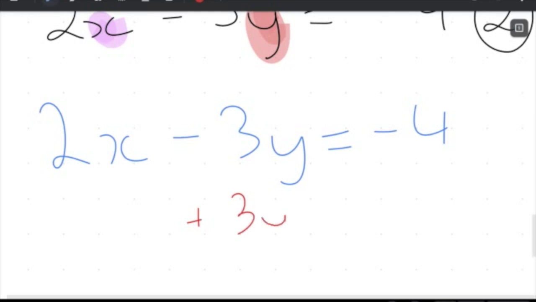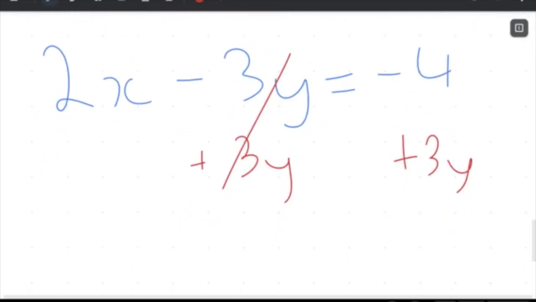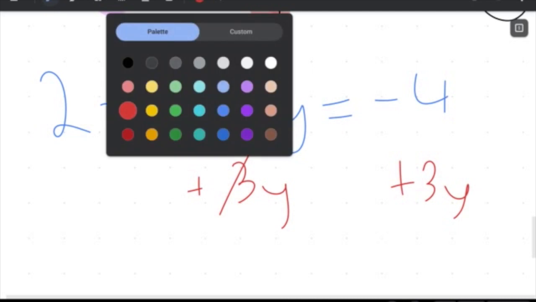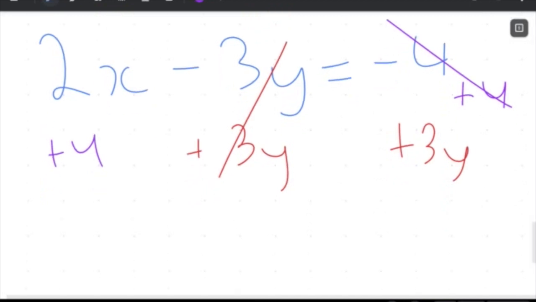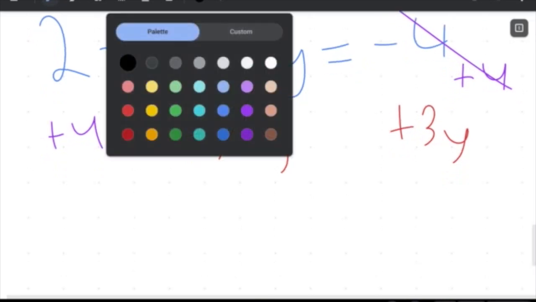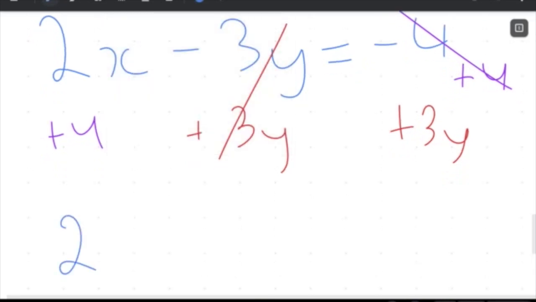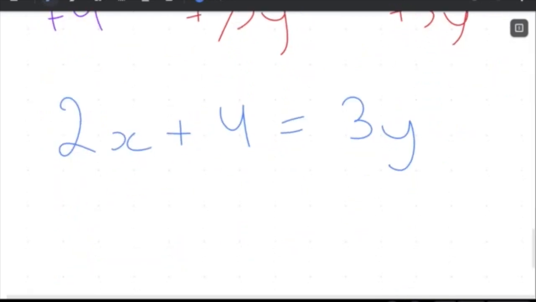So I'm going to add 3y to both sides, and I'm also going to add 4 to both sides to get the y on its own on the right and everything else together on the left. So I'm going to get, let's use the same color, 2x plus 4 equals 3y.